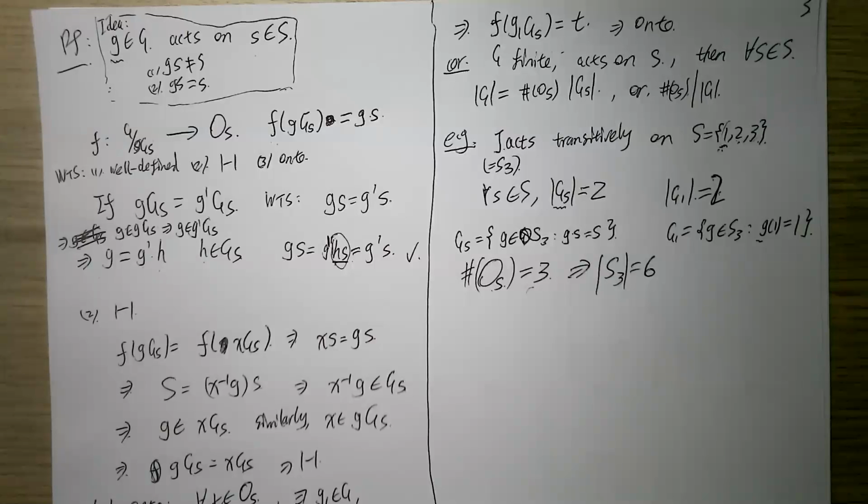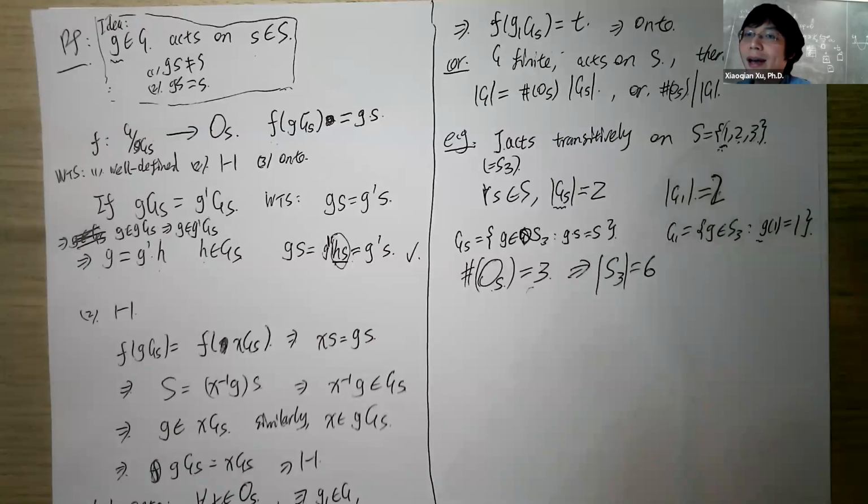Whatever cosets you have, the orbit only cares about the elements in S, nothing on the group. If you only have one orbit, you may have something very complicated acting, but when you look at the orbit, it's super clear.